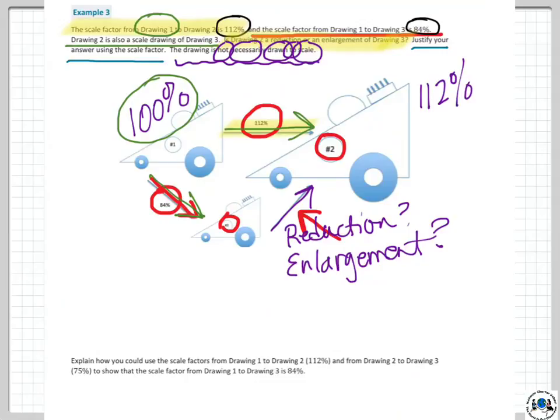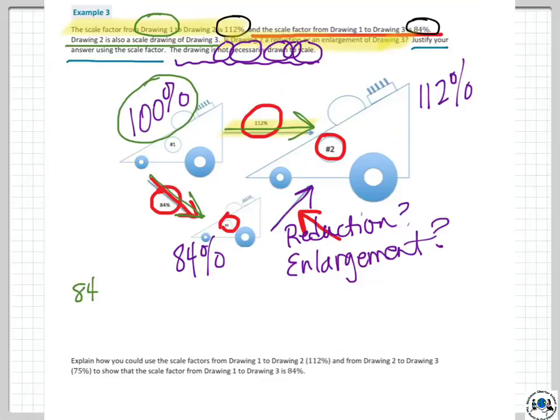Now, of course, drawing 2 is 112% because that's how it compares to drawing 1. And drawing 3 is going to be 84%. So now we have those three. And just like the heart problem, we are applying only the scale factor percentages instead of actual measurements.